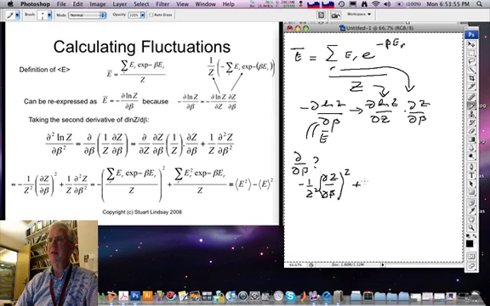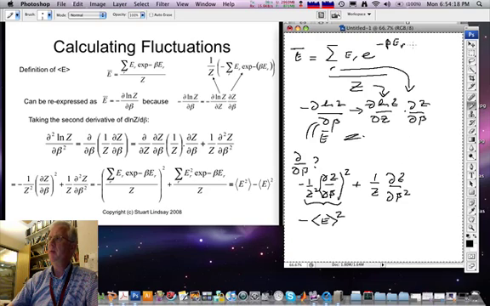And then from the second term we get 1 over Z and the second derivative d squared Z by d beta squared. Now you will recognize this is nothing more than the square of this term up here. So this is the thermal average energy all squared.